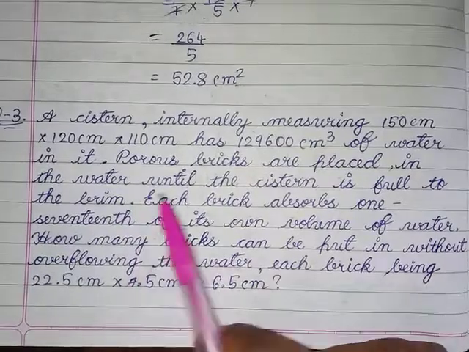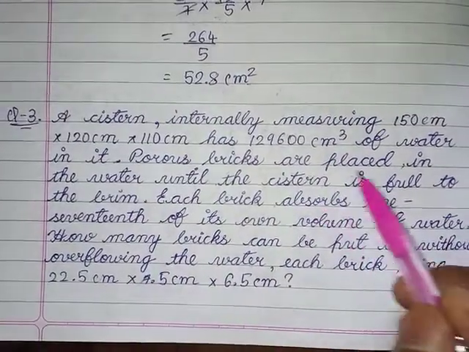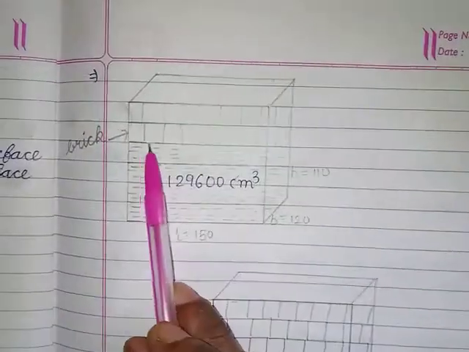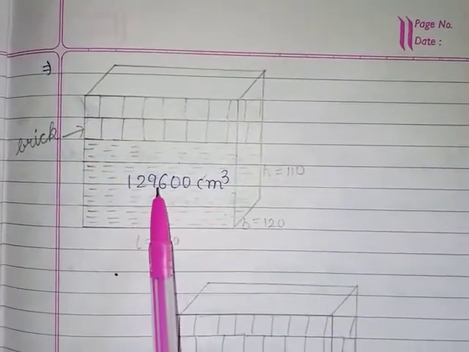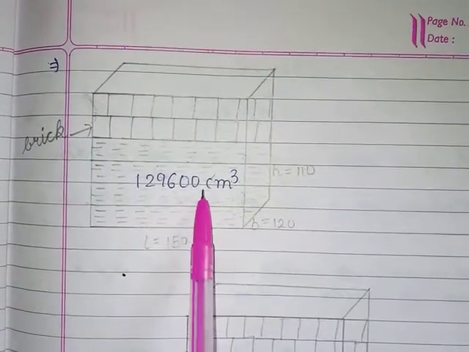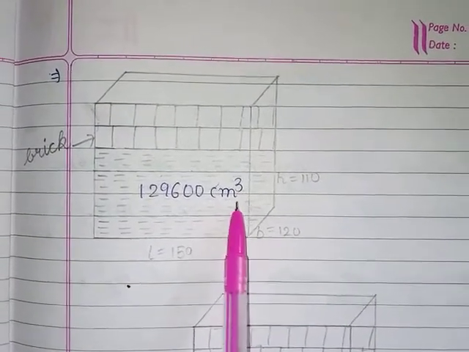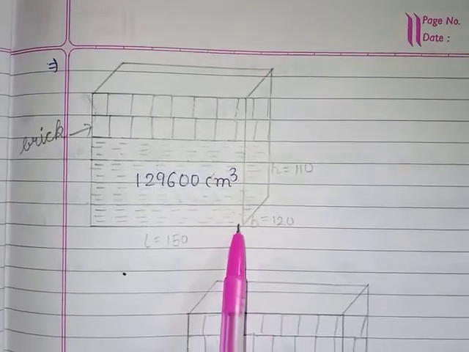The porous bricks are placed in it till the rim. So first you understand that this much water is filled, 129,600 cubic centimeter of water is in this tank.